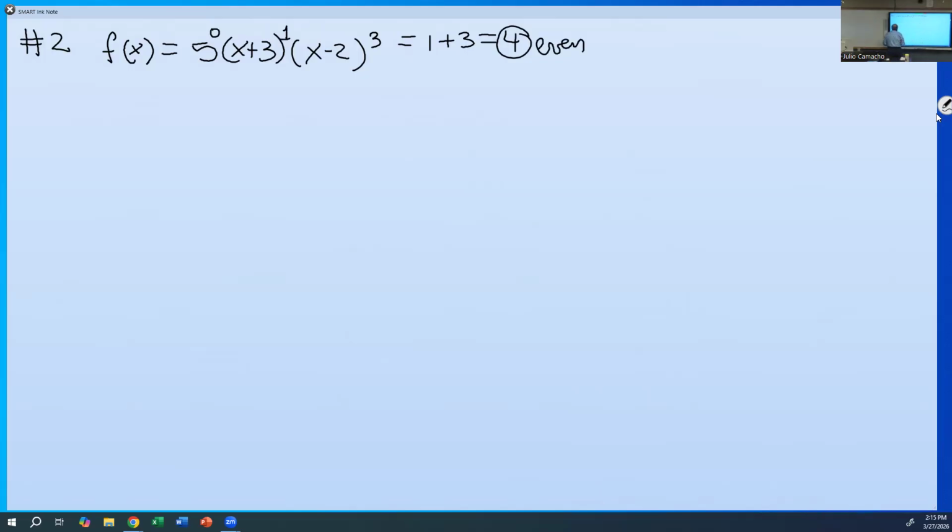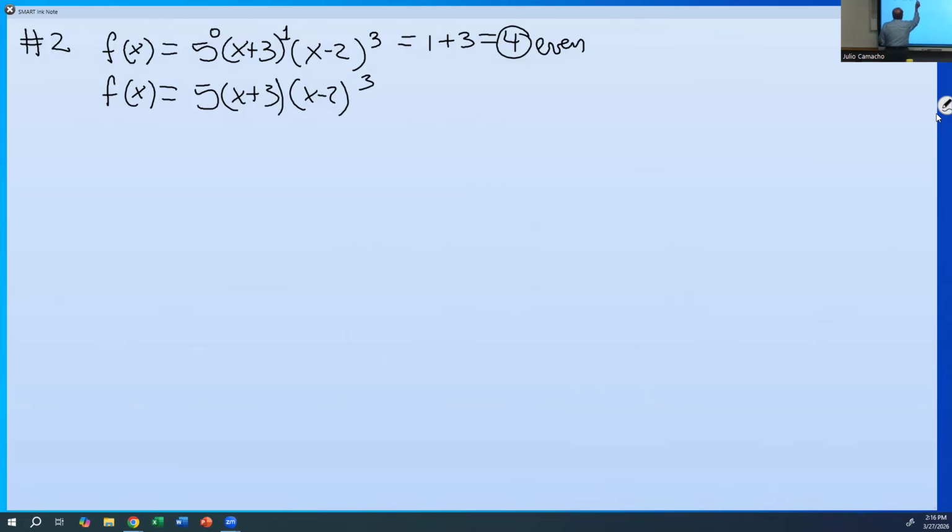Another way to do that is to multiply the whole polynomial. You have f of x is equal to 5 times x plus 3 and then x minus 2 to the third. What we do is first work the second term, because you have to multiply x minus 2 to the third power.